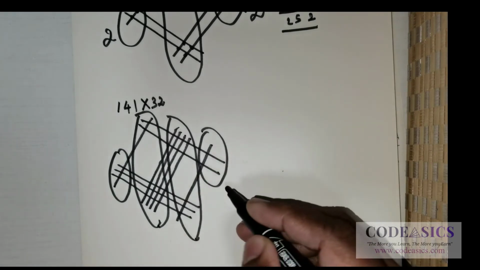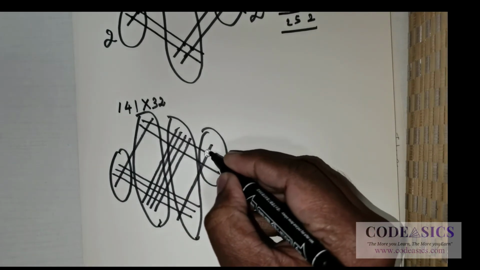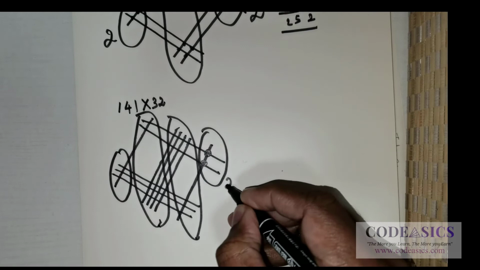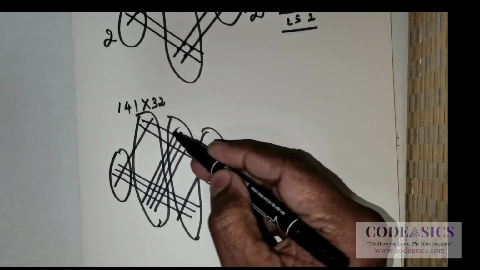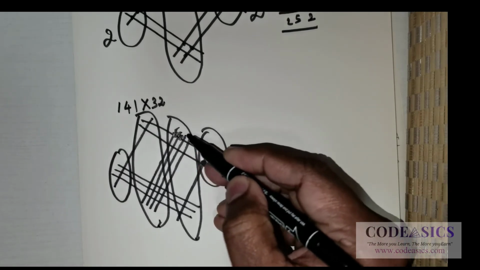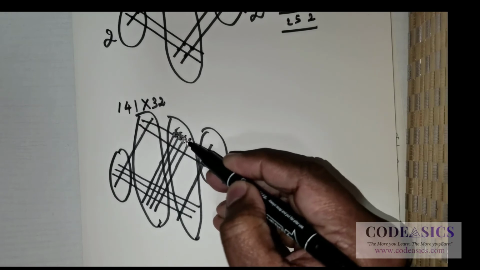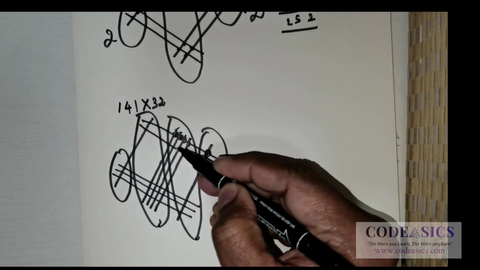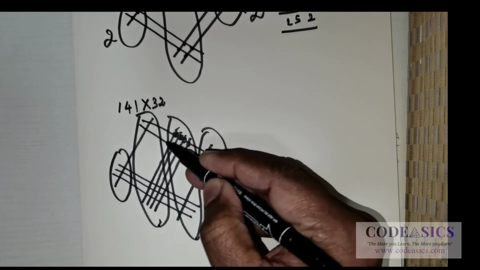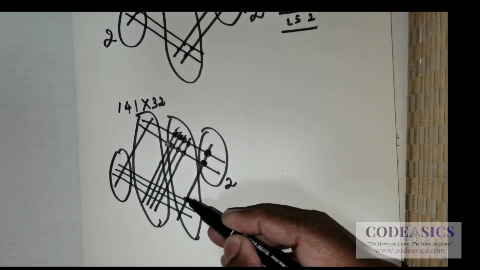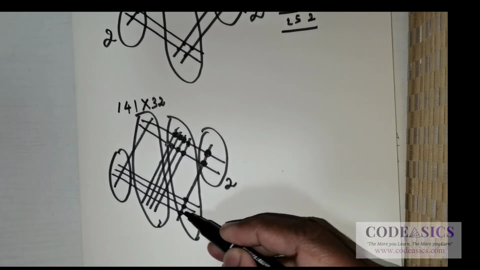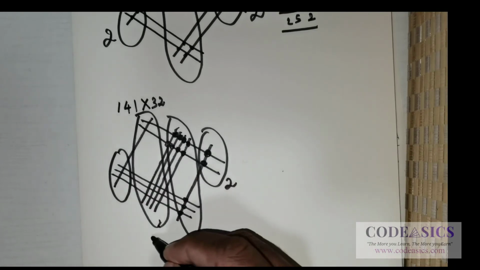So find out all the intersections that you got. So you got an intersection here, 1 and 2. Just write that down, 2. You got 1, 2, 3, 4, 5, 6, 7, 8, and then you got 9, 10, 11. So place 1 and carry 1 here.